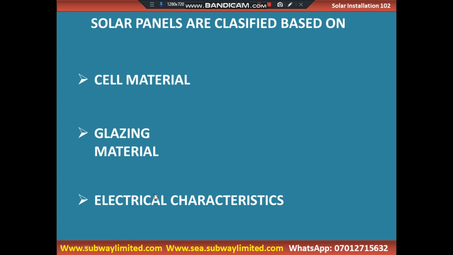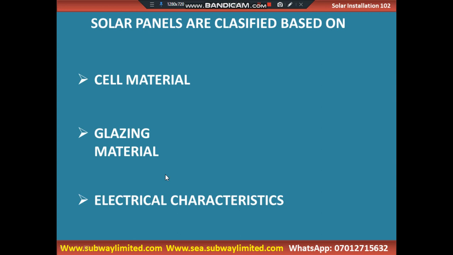We will as well take a look at the classification of solar panels based on the voltage. We have solar panels of 12 volts and solar panels of 24 volts.